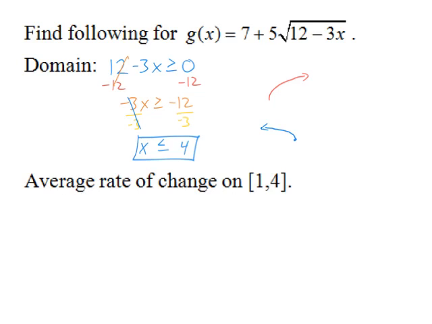So next, we want to find the average rate of change from 1 to 4 of this function g. To get the average rate of change, we want the slope from 1 to 4. And to find a slope, we have to have coordinates. If you remember, to get slope, there's a formula: m equals y2 minus y1 over x2 minus x1.